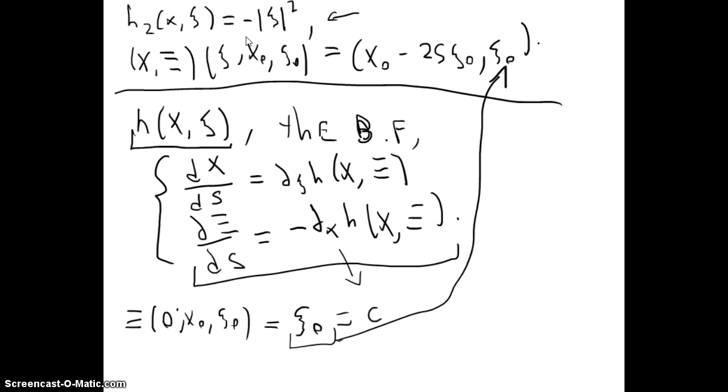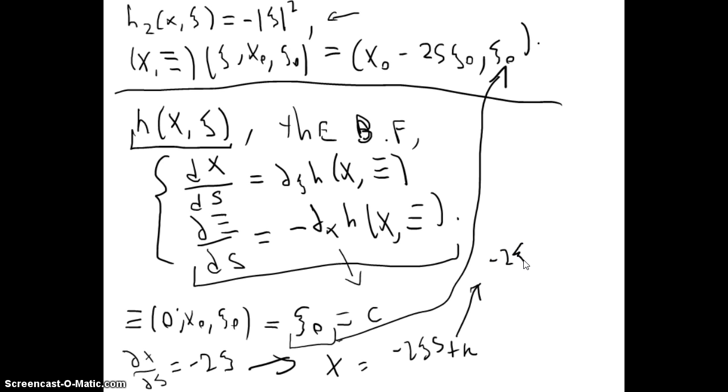In the other case, well, we'll just have to integrate. The derivative of X has to be equal to minus 2 Psi, and so you will have that X had to be equal to minus 2 Psi s plus a constant.